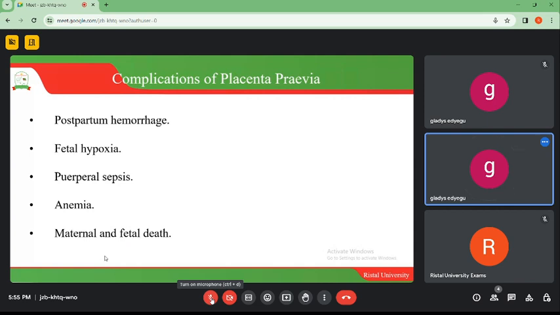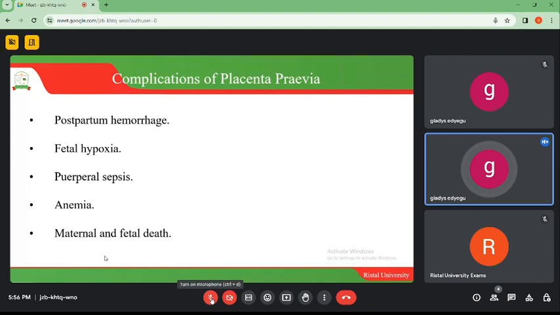Antepartum hemorrhage: antepartum is before delivery of the baby, and postpartum is after delivery of the baby. So when you're encountered with a mother and she's bleeding before birth, then you should also take keen note that even after delivery, she may end up bleeding, and that is what we call postpartum hemorrhage.